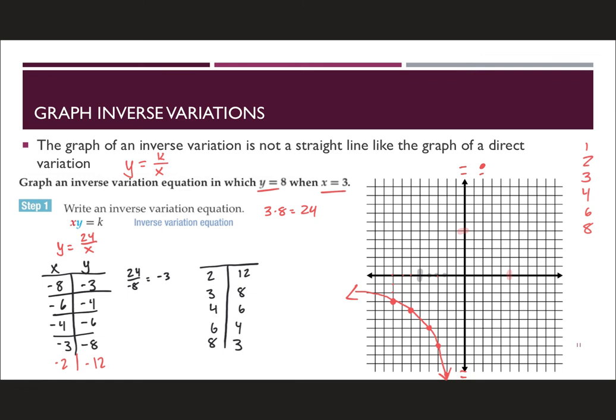Then I've got 3 to 8. 4 to 6. 6, 4. And then 8, 3. And just like with the other curve, you can see a downward curve-ish shape right there.